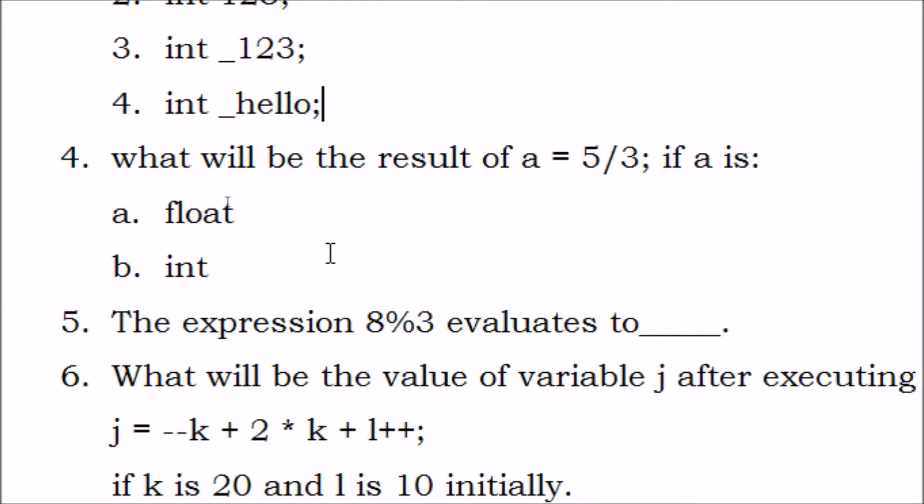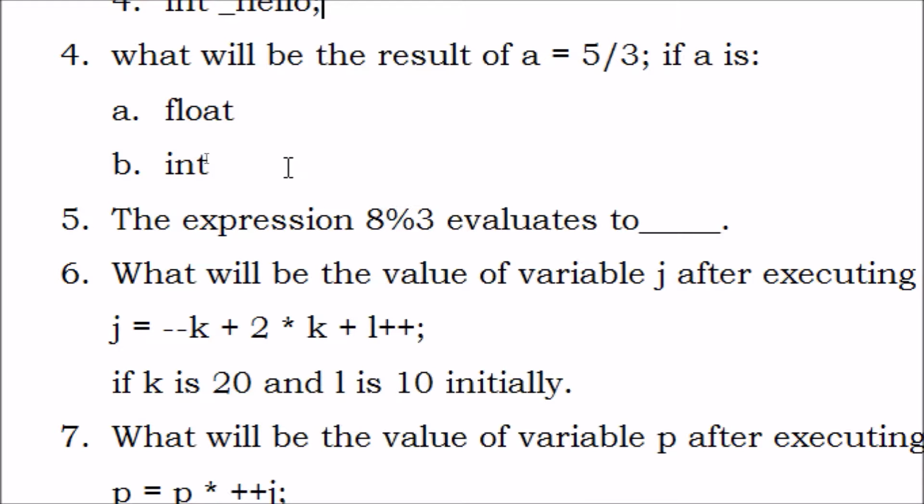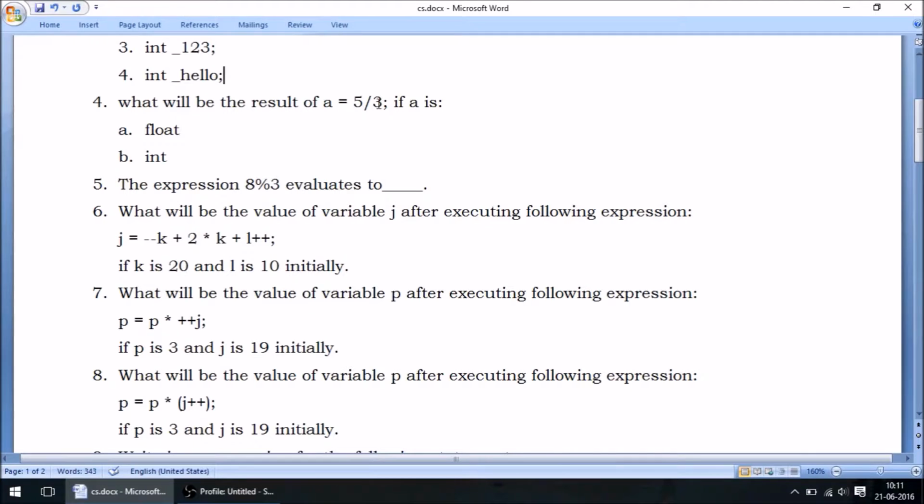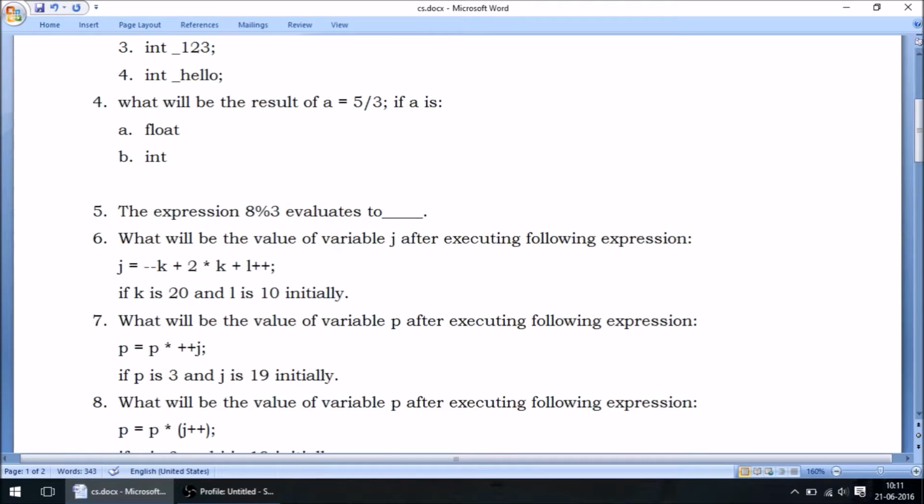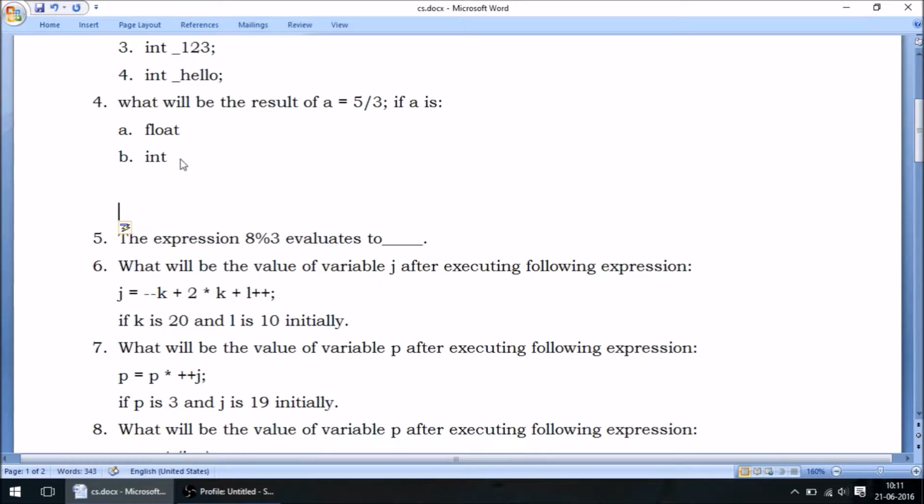The fourth question: what will be the result of a = 5/3 if a is first float and second int? Let me write this here so that you can understand this better.